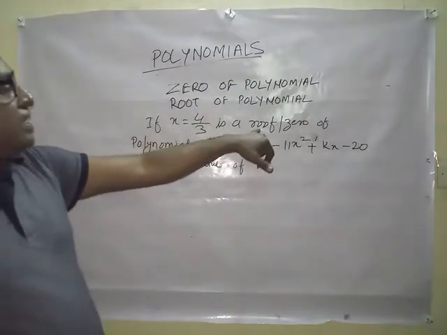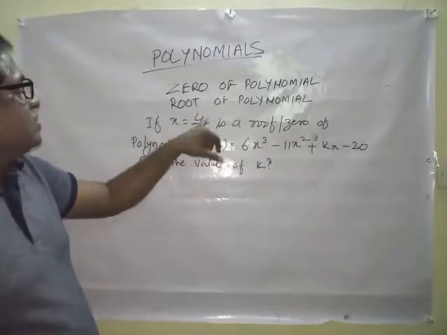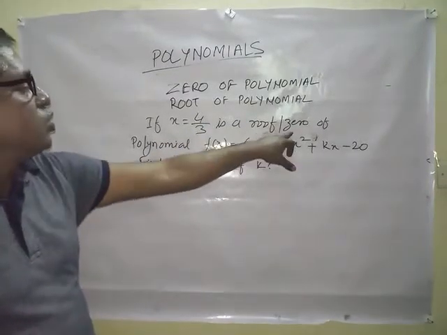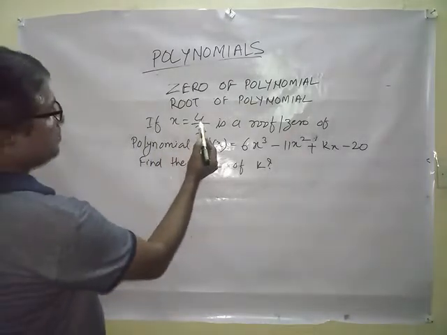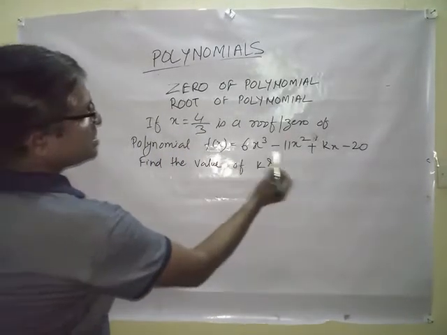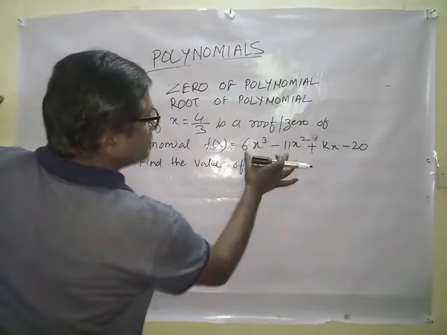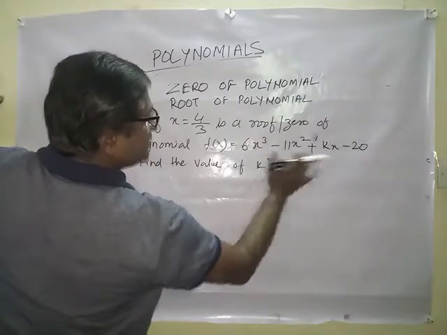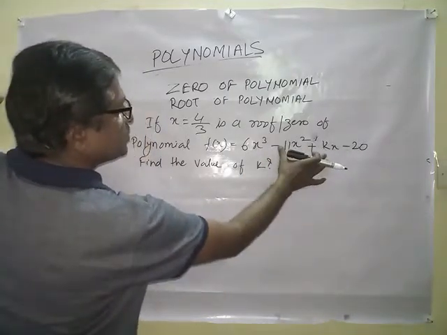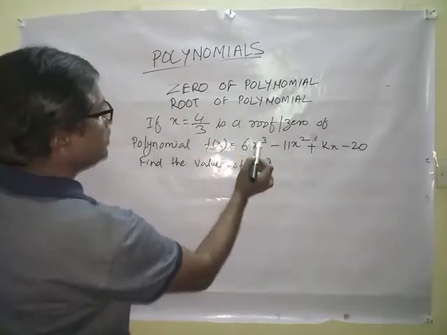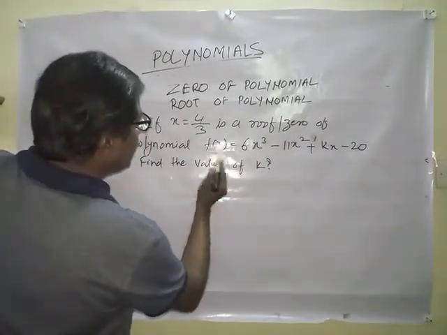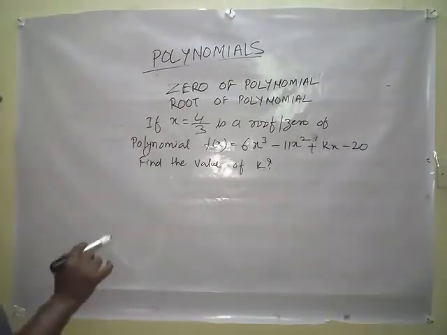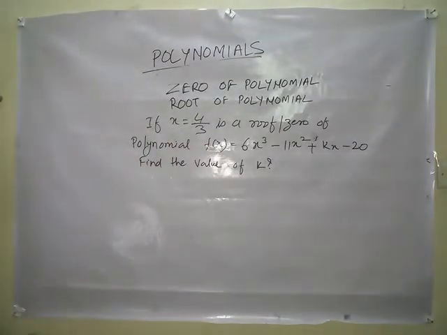Here it is very clearly shown x is equal to 4 upon 3 is a 0 or root of the polynomial equation. So that means if you replace x with 4 upon 3 in this equation, the result will be equal to 0. That means f(x) equal to f(4/3) will be 0.